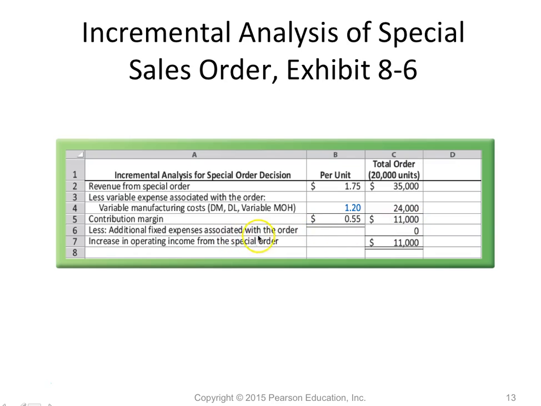And so now if it's within the relevant range, it's not going to have any incremental fixed cost. So in this case, we're going to get $11,000 as the operating income increase, incremental into our bottom line. So this is a good one, actually. We're making money here.